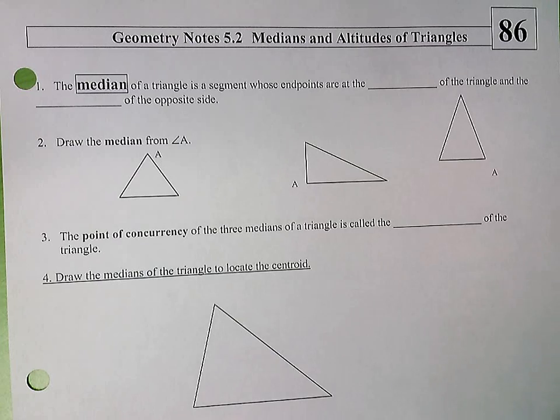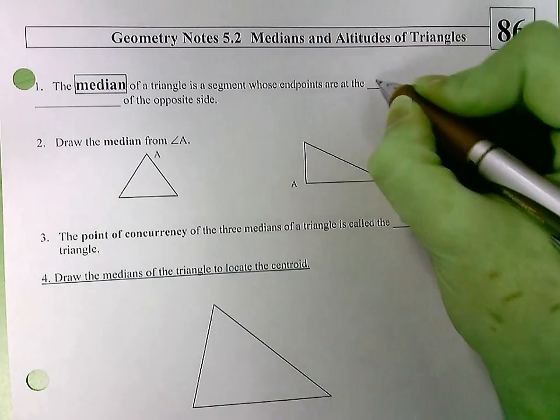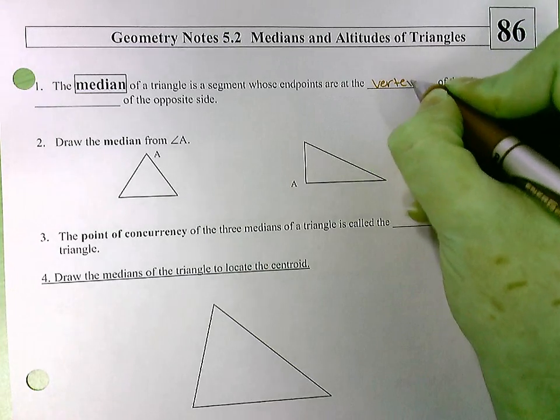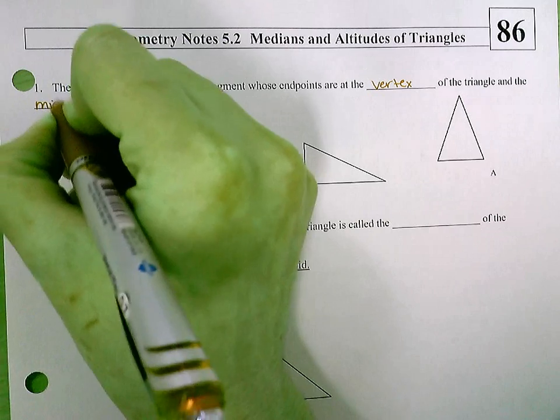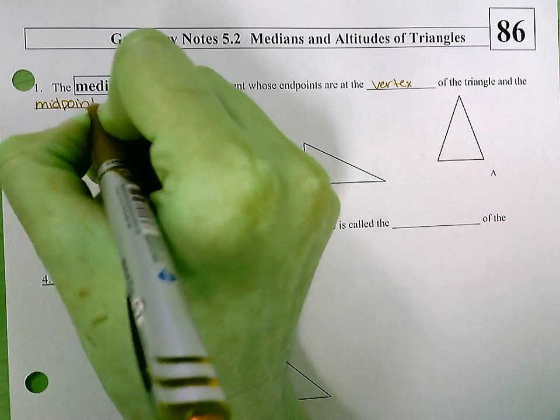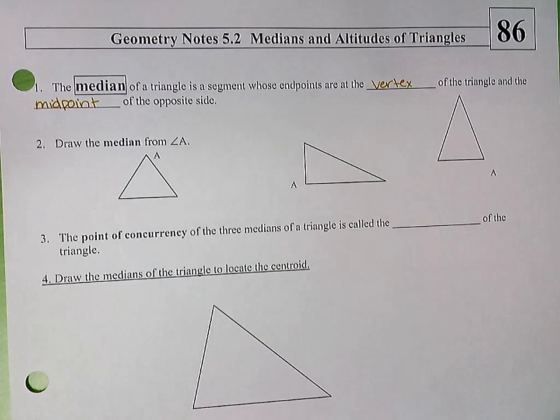Okay, so the median of a triangle is a segment whose endpoints are at the vertex of the triangle and the midpoint of the opposite side. So it'll go from an angle of your triangle to the midpoint of that opposite side.